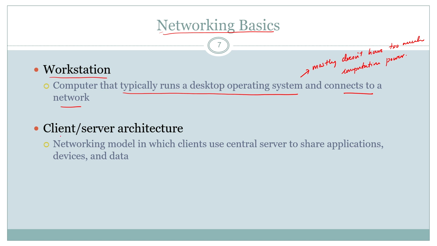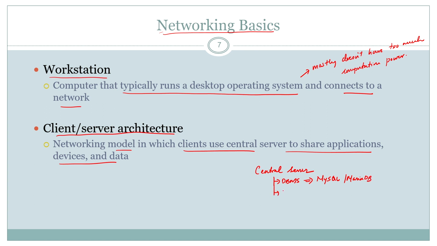The client server architecture that we talked about in this course is a networking model in which clients use a central server to share applications, devices and data. So, we have a central server in our case that has a DBMS, database management system, in this case MySQL MariaDB.